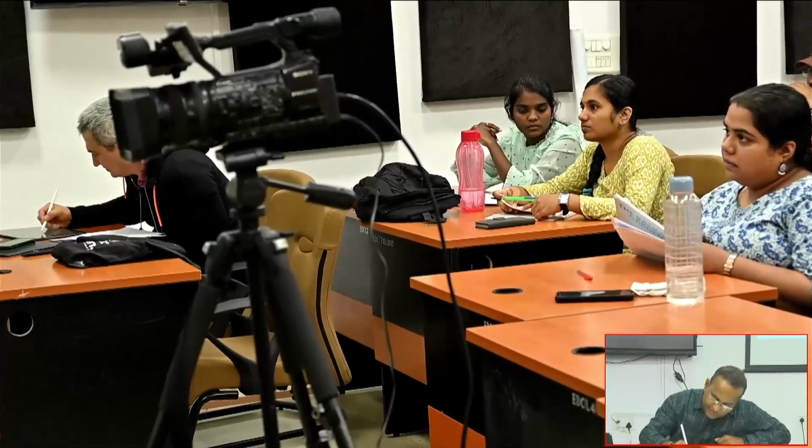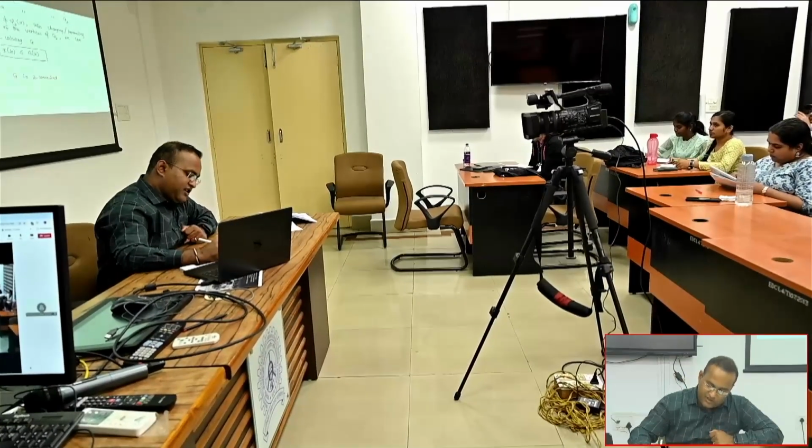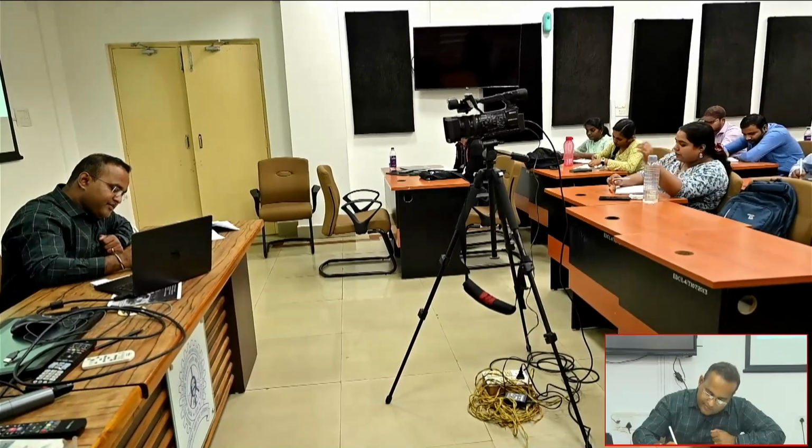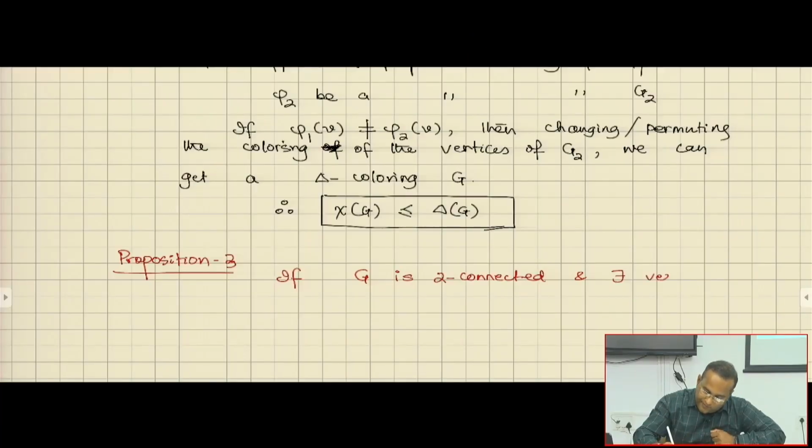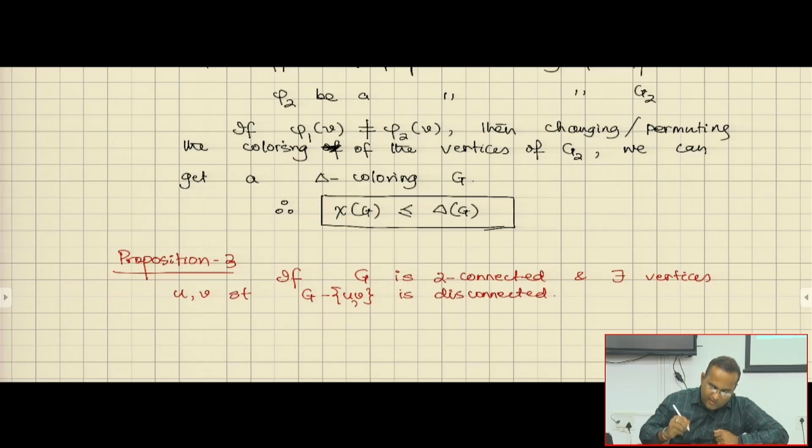So proposition 3: if G is 2-connected, so it has no cut vertex, and there exist U and V such that G minus U and V is disconnected, then here also we are assuming delta is greater than or equal to 3.